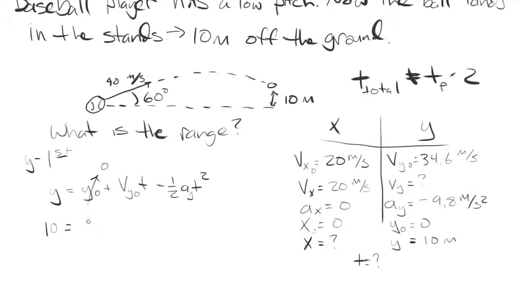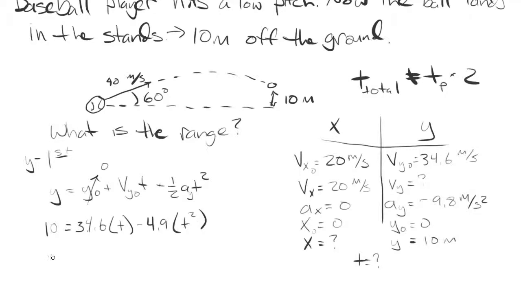Our final y position is 10 meters. I'm cheating and leaving off units right now. 34.6 is our initial velocity times time, plus, and I'm going to skip a step here, 1/2 times ay, which is negative 4.9, a number that you'll see quite a bit, times t squared.